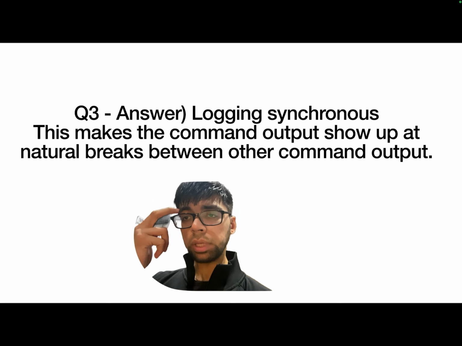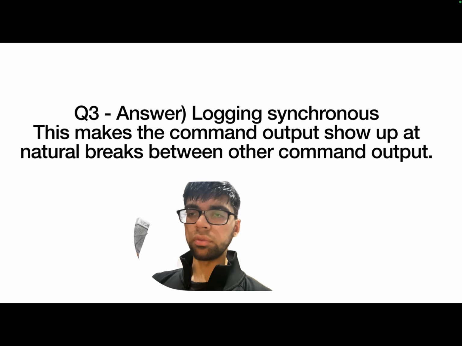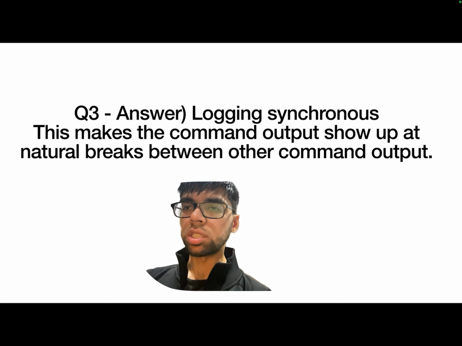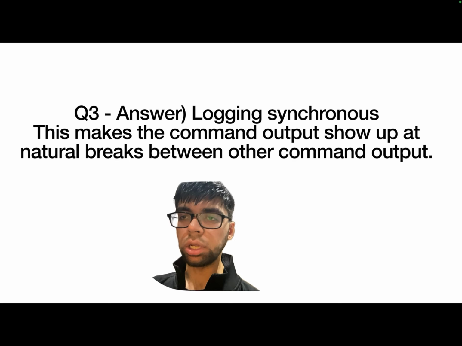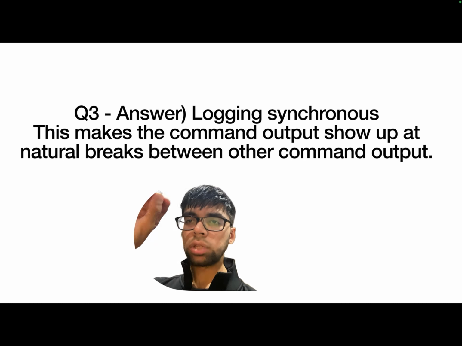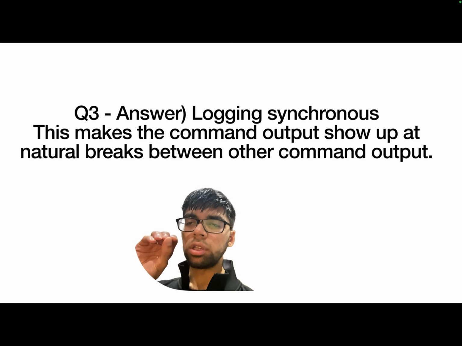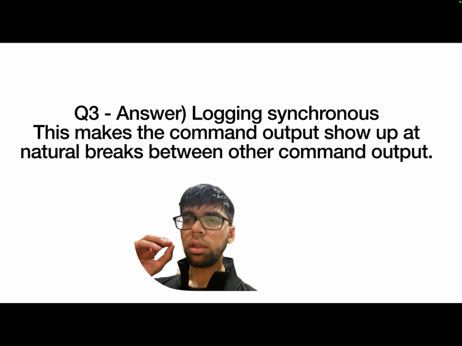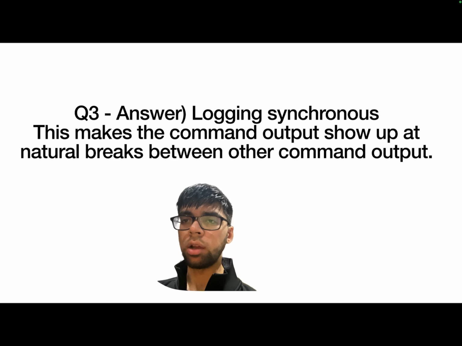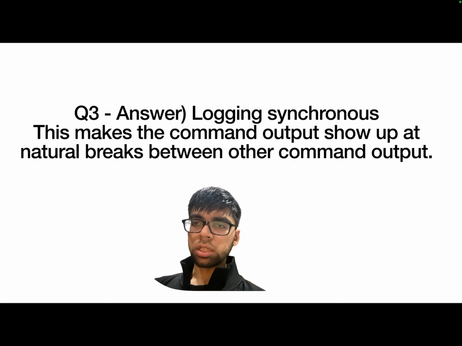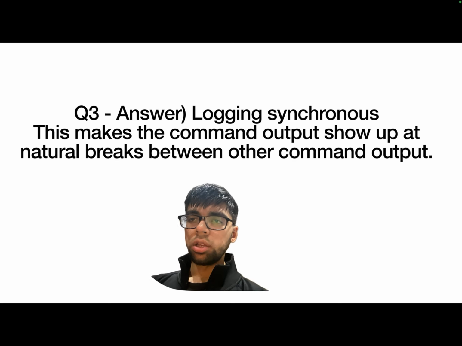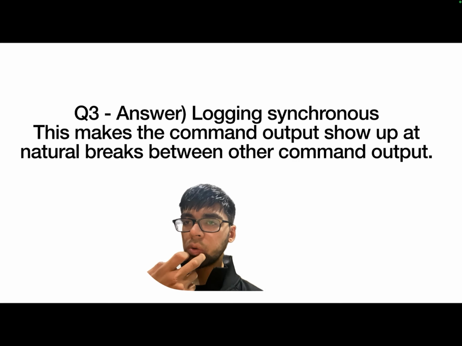Because you might want to view, for example, the spanning tree configuration, you do show spanning tree, and then whilst you're getting the output of show spanning tree, what are you getting? You're getting ICMP log messages, and that's breaking up your show spanning tree command output. So it's very important to use things like logging synchronous to ensure that our command output is not being interrupted by log messages.